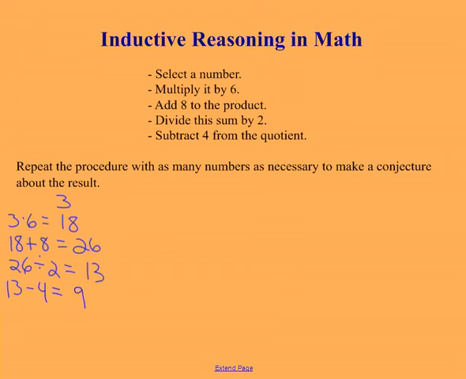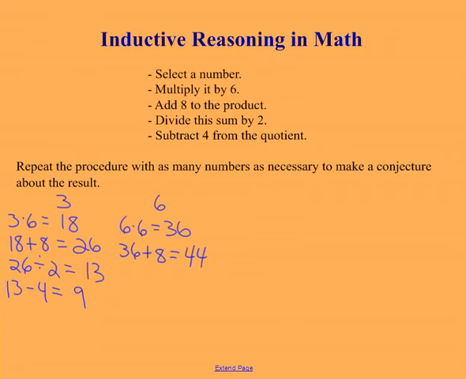Okay, so let's pick a second number. Let's do 6. It's an even number. 3 was odd, so let's go with an even number, so 6. 6 multiplied by 6 is 36. Add 8 to that product, so 36 plus 8 equals 44.